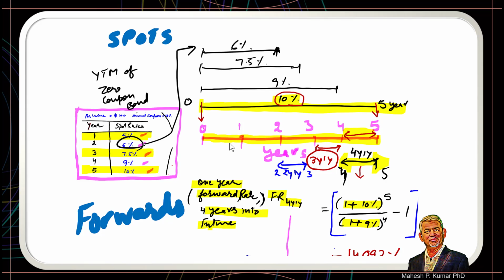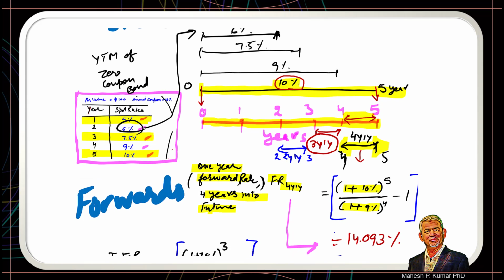Let us go back to this timeline, and here we are now calculating one more forward rate from the spot rate, and this one would be called actually 1y1y. So the 1 year forward rate 1 year into the future, 1 year from now, right?